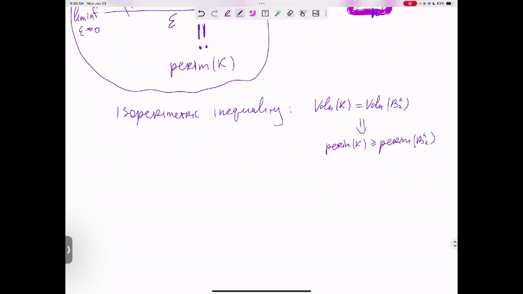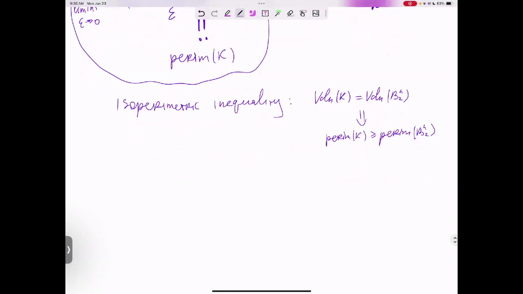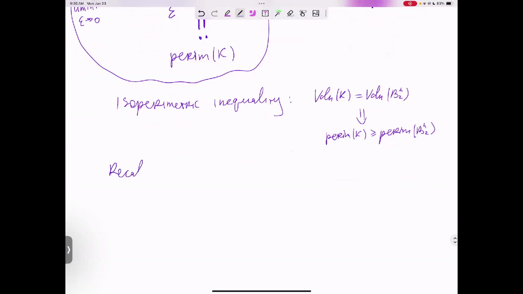Let's recall an important fact about Lebesgue measure, and that's a homogeneity property.